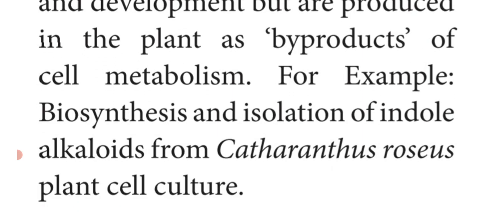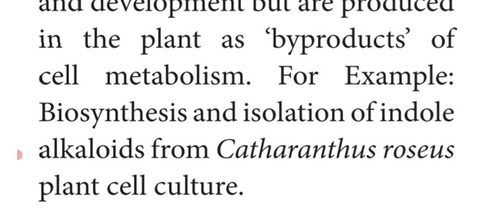For example, biosynthesis and isolation of indole alkaloids from Catharanthus roseus plant cell culture. So dear students, from the Catharanthus roseus, in Tamil Nithya Kalyani, they are producing indole alkaloids by using plant cell suspension culture.